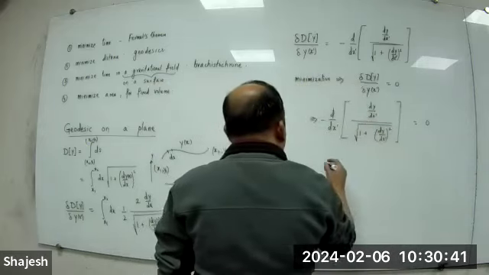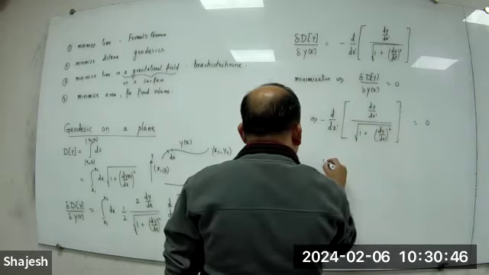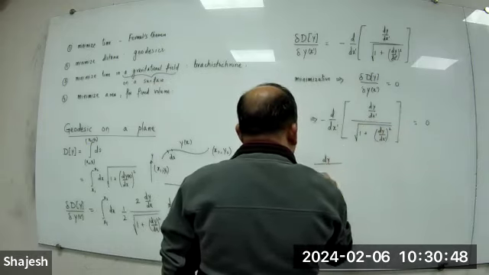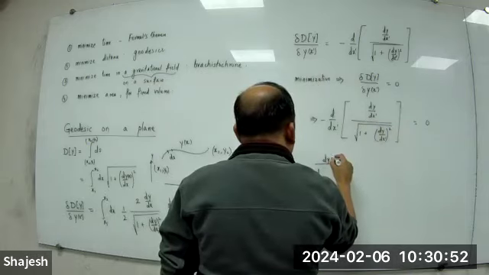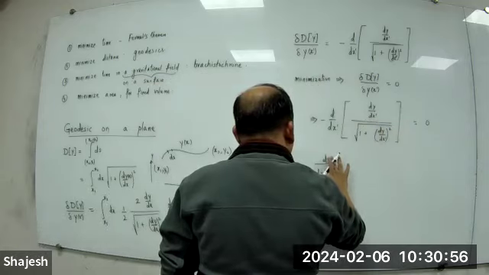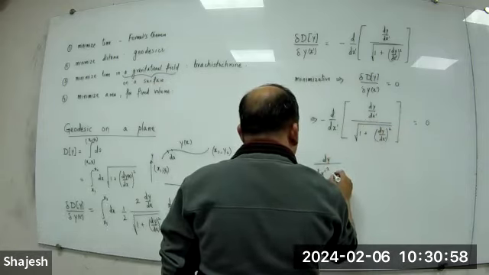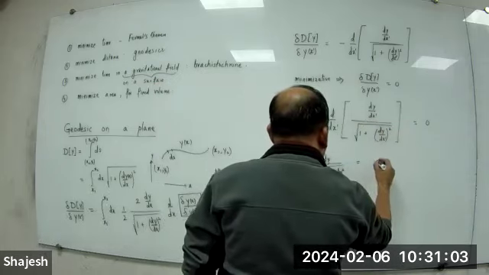This is a constant, and I can also write this as dy by dx prime, and that's just dy over the square root of dx prime squared plus dy squared is equal to a constant.